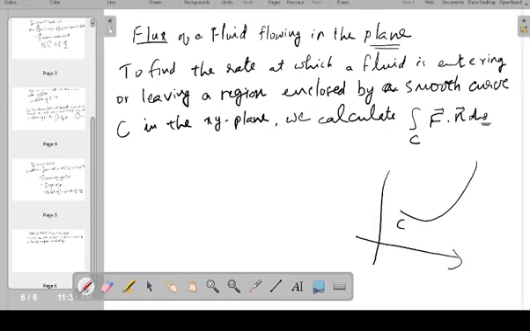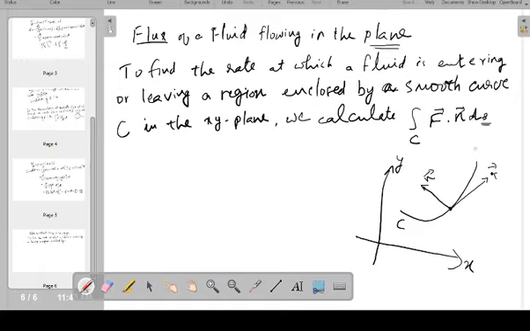This is the xy axis, this is the plane, and your curve is like this, C. At this point the unit tangent vector is like this. Not correct. Tangent vector is, yes, this is vector t, so this is vector n.